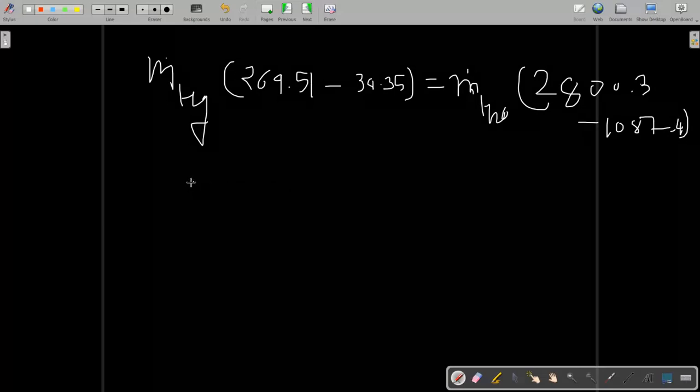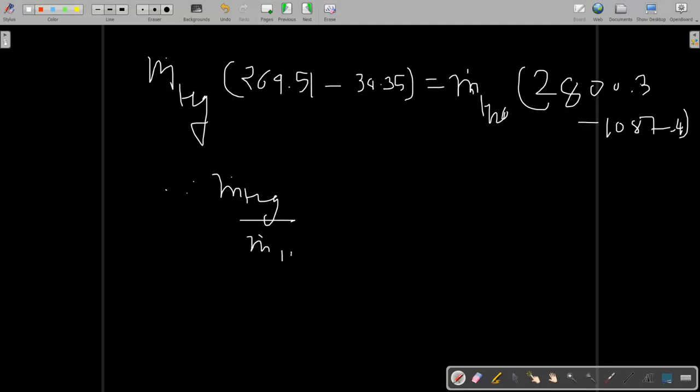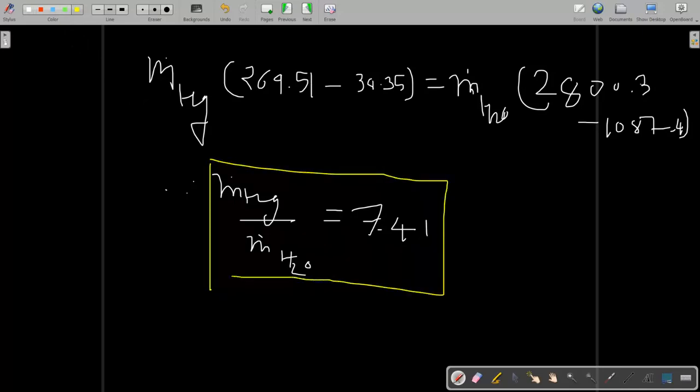Just put in the values, and you will find mass flow rate of mercury upon mass flow rate of water as 7.41. So this is the first answer that you require.